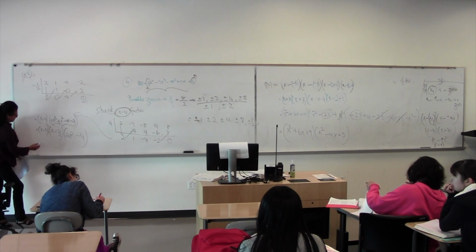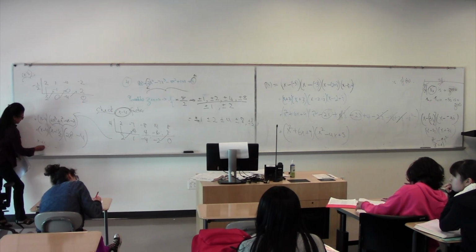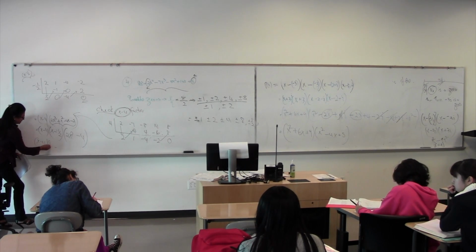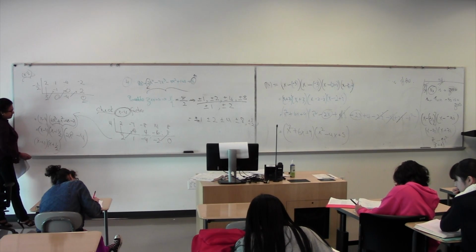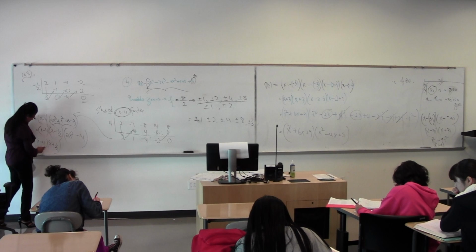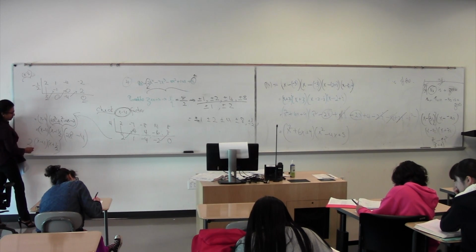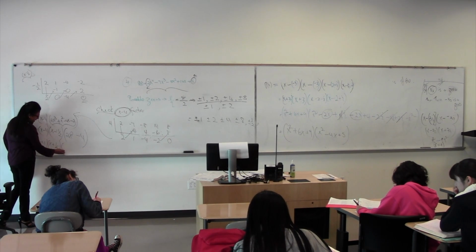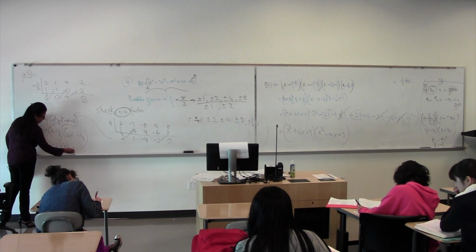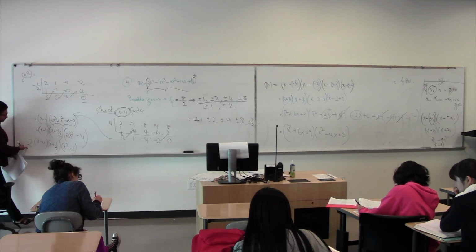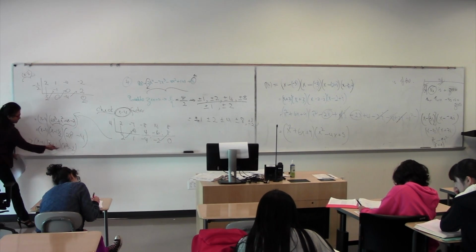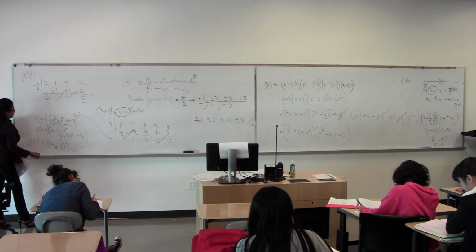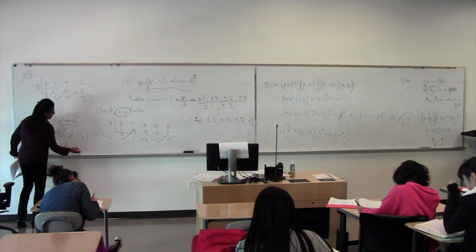Factor 2 out. So x minus 4, this becomes x plus 1/2. Factor 2 out here, so you can put that 2 here. And this becomes x squared minus 2. I put the 2 here. Factor this. What do you get?